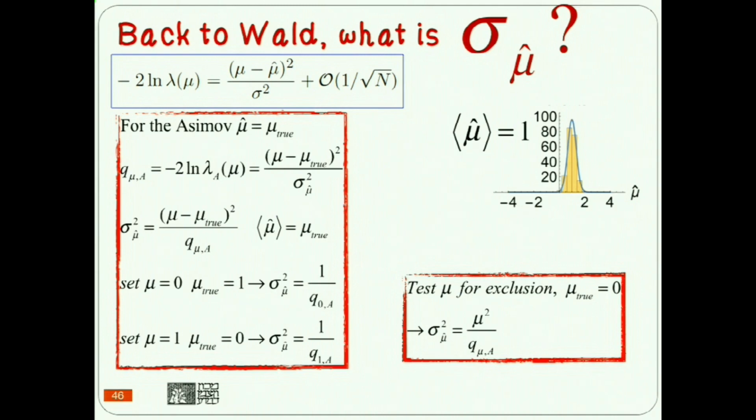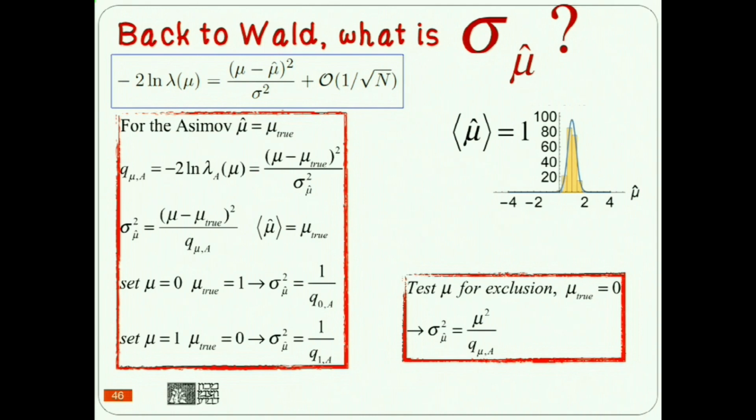So q mu Asimov is minus 2 log lambda Asimov of mu, which is simply (mu minus mu true) squared over sigma mu hat squared. Well, there's no approximation here, because that's by definition the way Asimov works. When I have this, I immediately get sigma mu hat squared is (mu minus mu true) squared over q mu Asimov, where mu hat median or average is mu true.